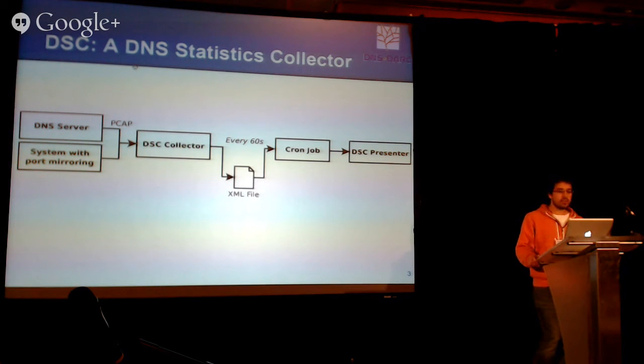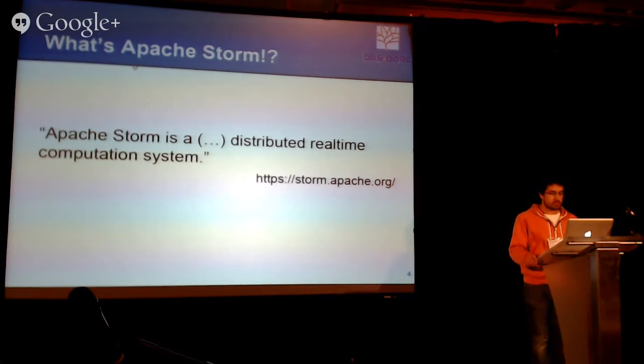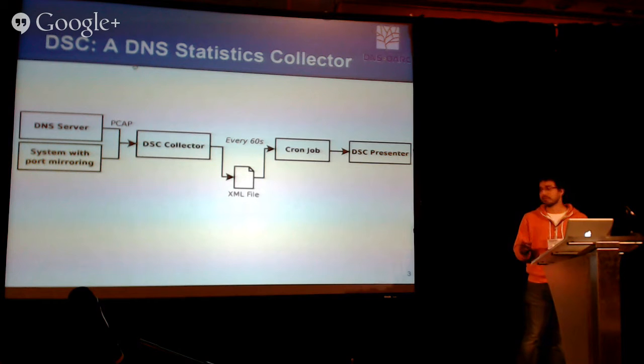Then a cron job takes this file and sends it to the DSC presenter, which does all the classification algorithms and shows it in a pretty way. I show this because we are going to do something that resembles this.